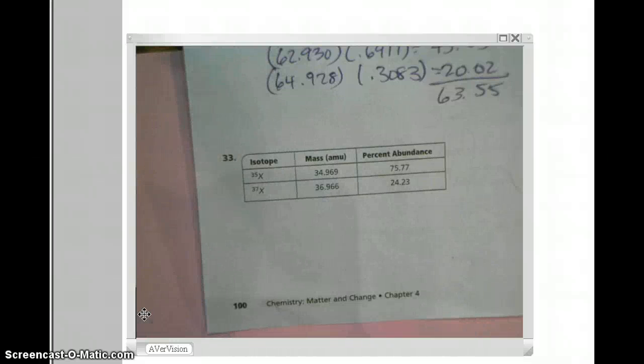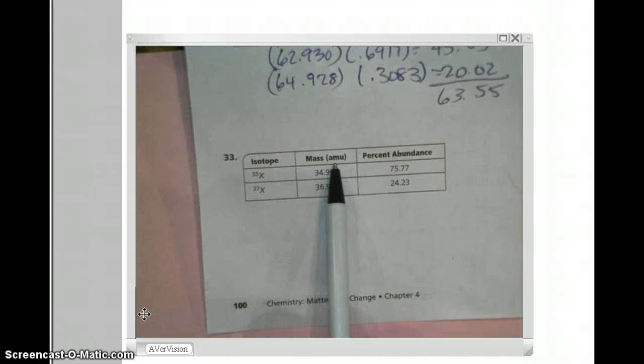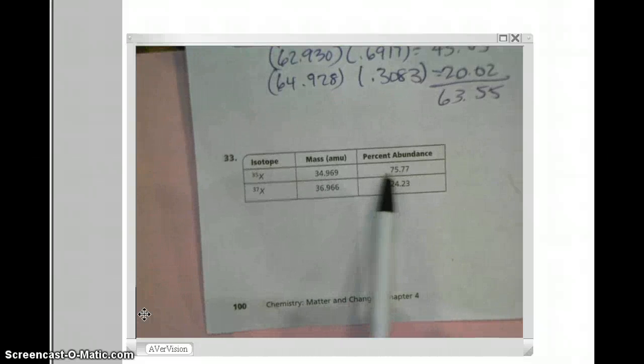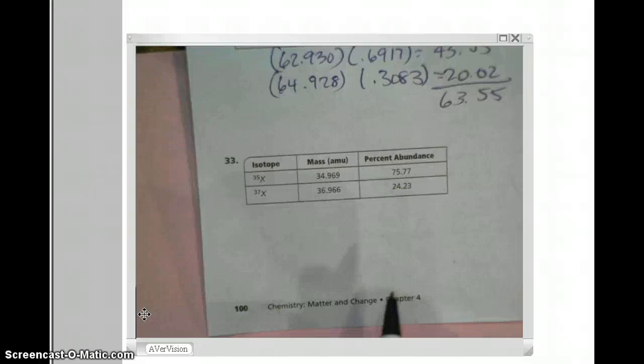Now here we see X with a mass of 35, and we see a mass X of 37. X's mass, which is 35, has an AMU, atomic mass units, of 34.969. Its abundance, or how much it occurs, is 75.77.